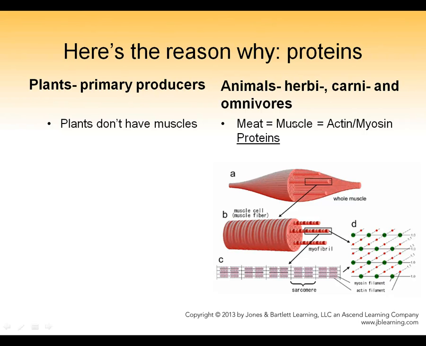Okay, we use muscles a lot. We use them because we move. Our heart moves, our motor muscles move. We get around. Plants, on the other hand, have a very different lifestyle. They don't move. They have different ways of doing things. And so they don't need these deposits of actin and myosin like we do.